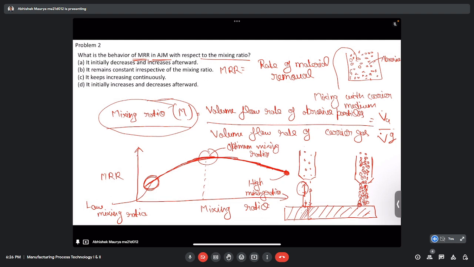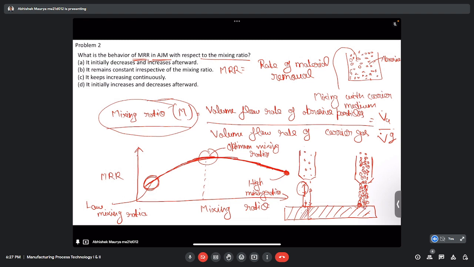Crowding means what? Suppose the first abrasive particle comes and hits the workpiece, so the first abrasive particle will remove some material, but the second abrasive particle will come, and rather than hitting the workpiece, it will hit the first abrasive particle itself, and that will not play any role in material removal. So abrasive particles will collide among themselves rather than hitting the workpiece.